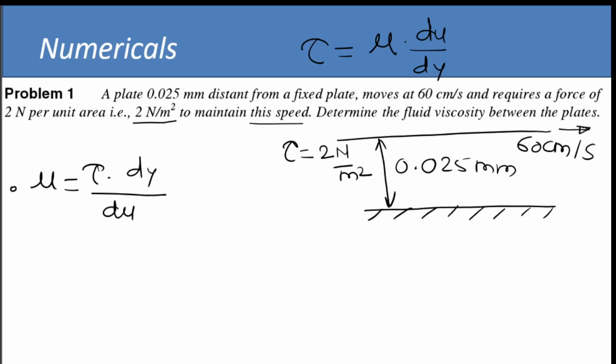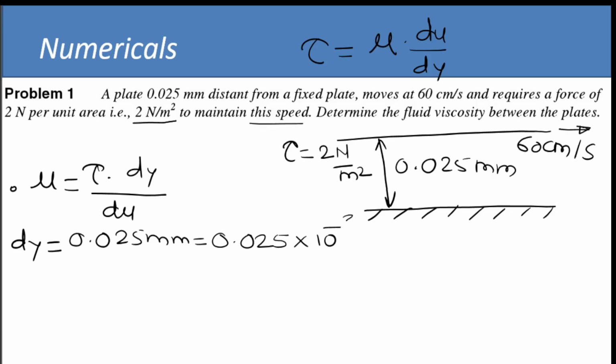Tau is already given. Then dy is nothing but the distance between the two plates. It is given as 0.025 millimeter. We'll convert it into meters: 0.025 and the conversion from millimeter to meter is 10 raised to power minus 3.